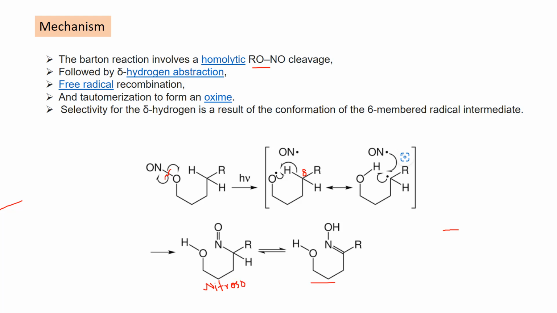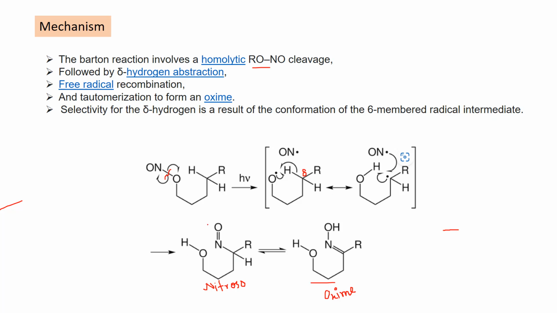And through tautomerization we will get this oxime. Selectivity for the delta hydrogen is a result of the conformation of the 6-membered radical intermediate.